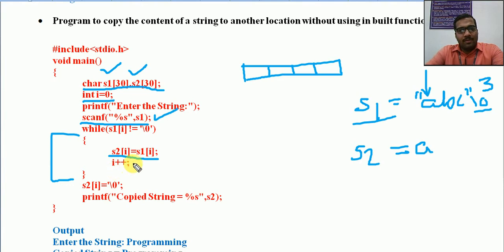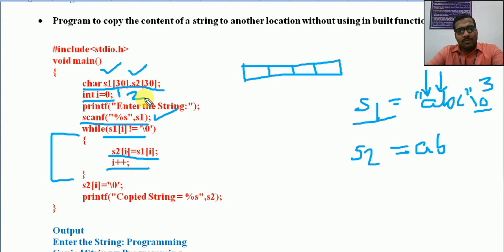Then i will be incremented. i will become 1. Then again, s1 of i is not equal to \0, so s2 of 1, the next position, B will be assigned. i will be incremented once again. i will become 2.